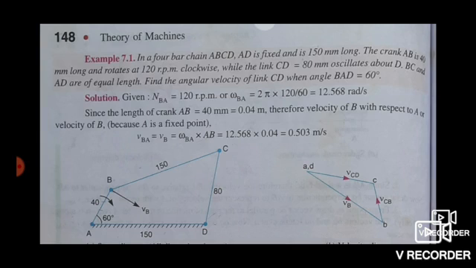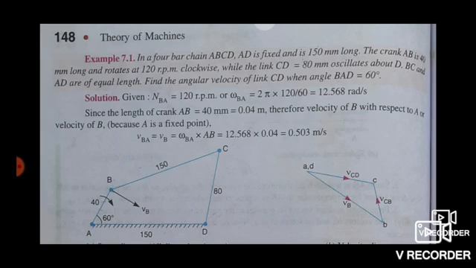Given data, NBA is 120 RPM, that is omega BA equal to 2 pi N by 60. So this is 12.568 radian per second. Since the length of crank AB is 40 mm, 0.04 meter, therefore velocity of B with respect to A, or velocity of B, because A is fixed, A आपका फिक्स है तो B बस का निकलेगा.